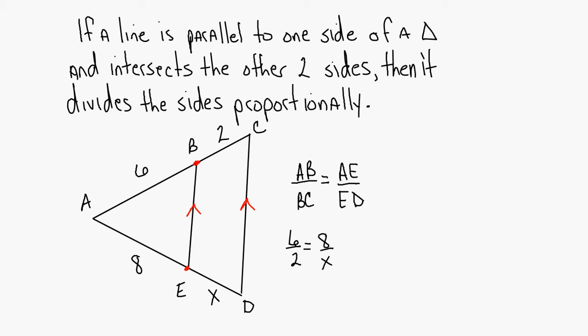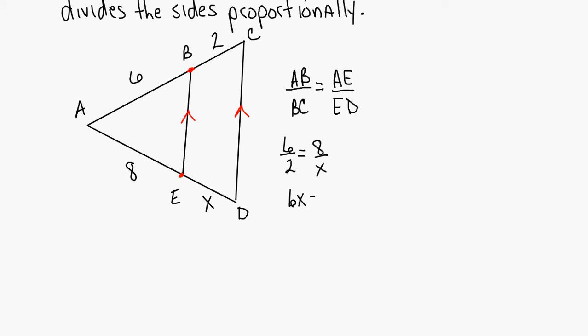So 6 times x is 6x. 2 times 8 is 16, divide by 6, and x equals 2.67. Any questions there?